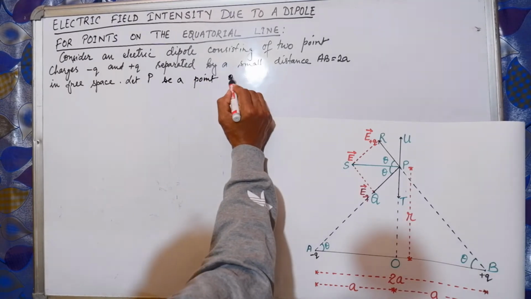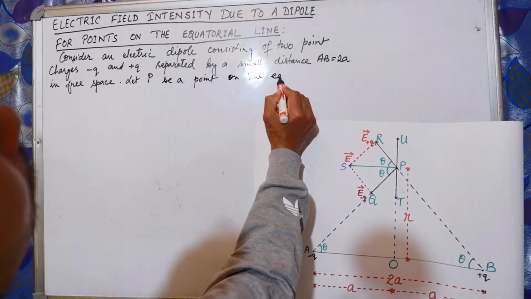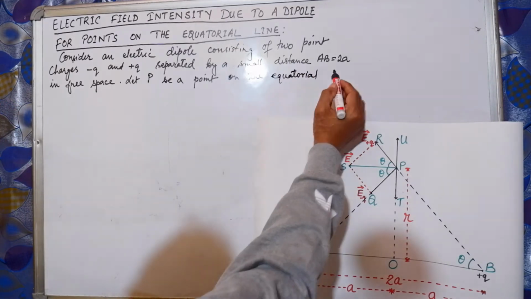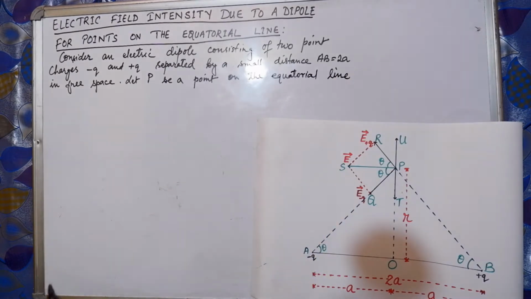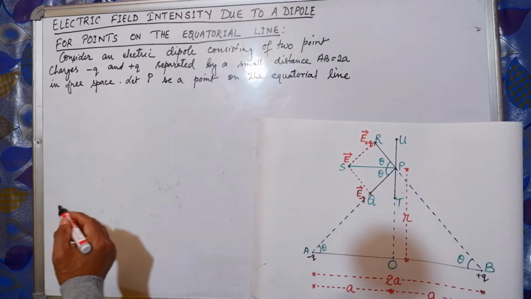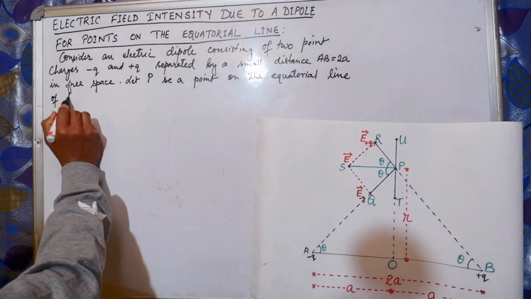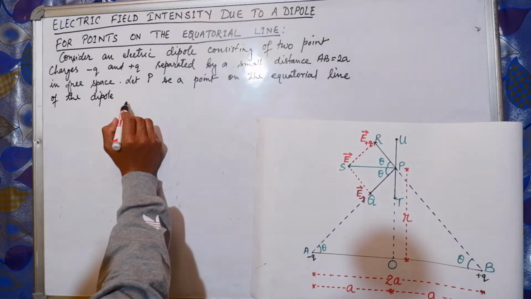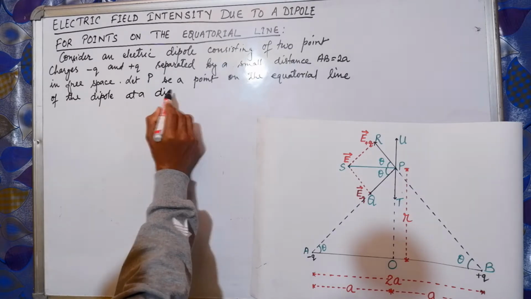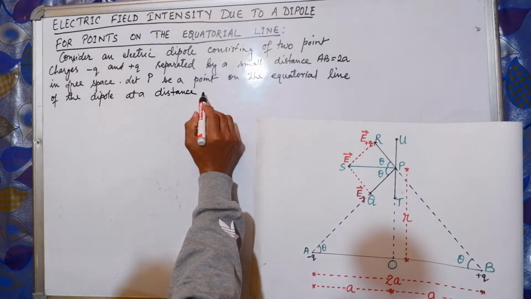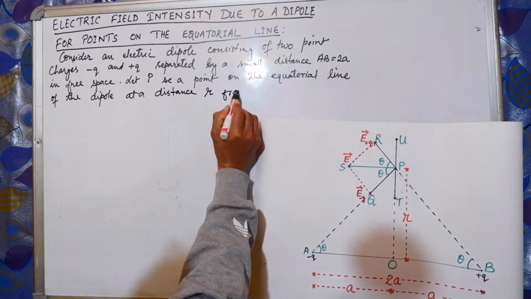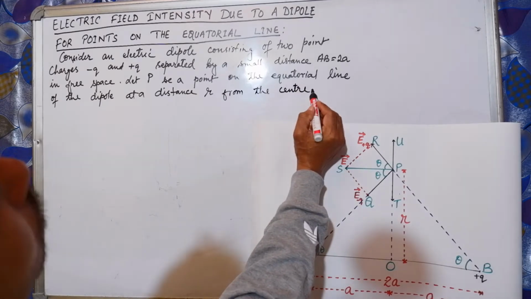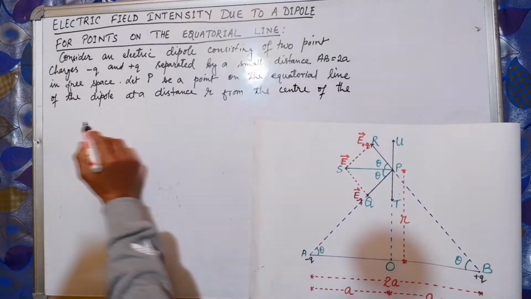Now let P be a point on the equatorial line of the dipole, at a distance r from the center of the dipole.